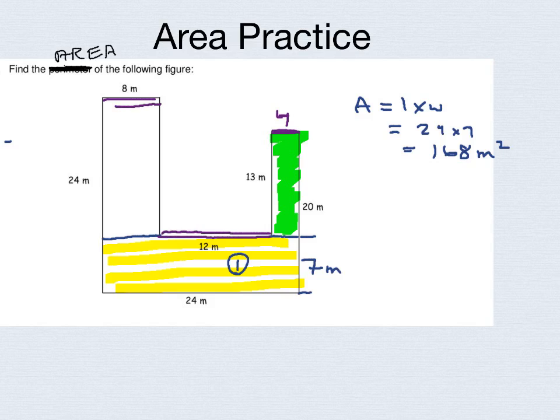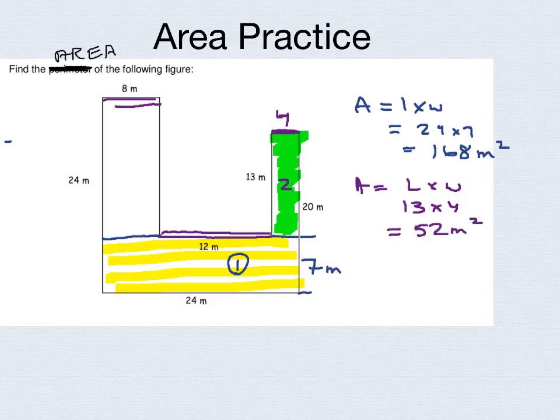So my second figure, number 2, would be another rectangle, length times width, so it's going to be 13 by 4. And 13 by 4 is going to give you an area of 52 square meters.